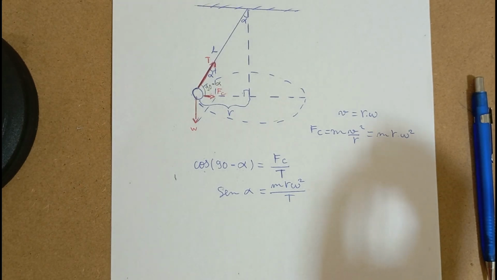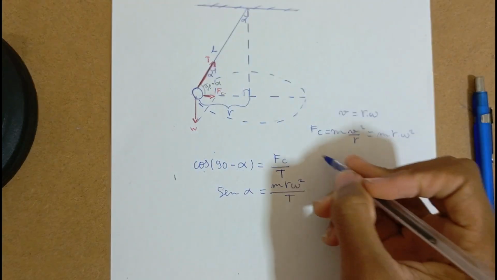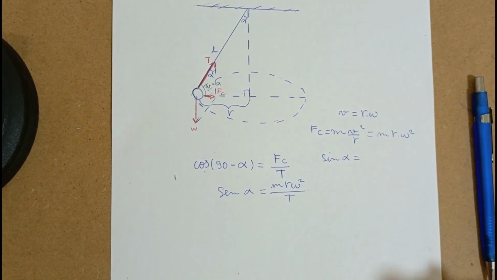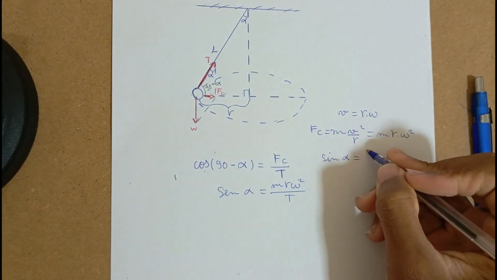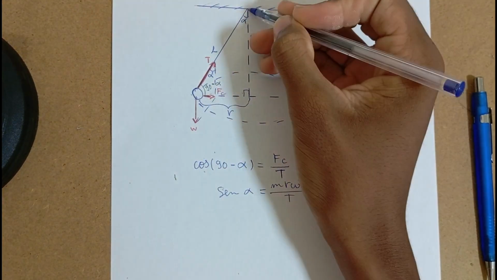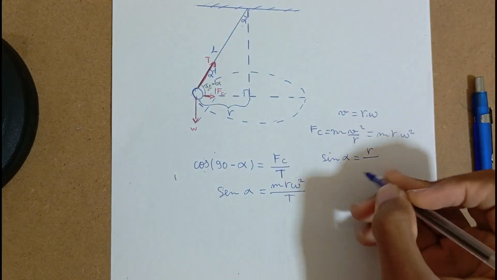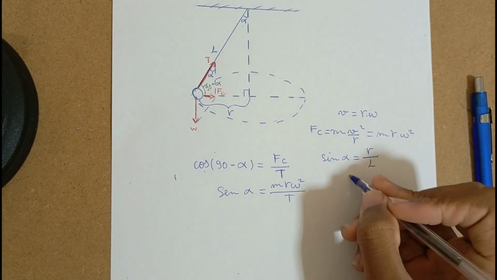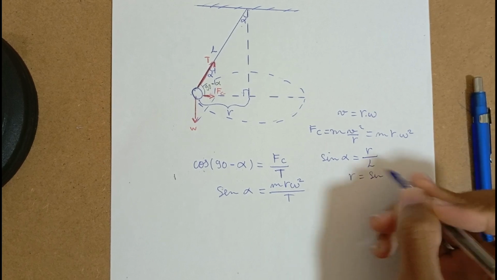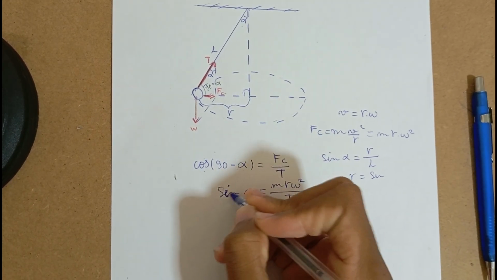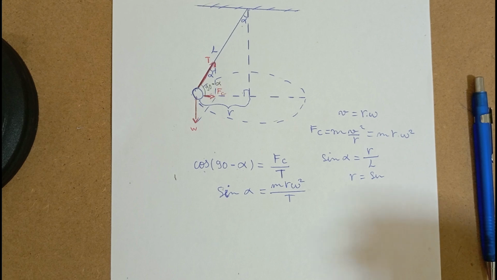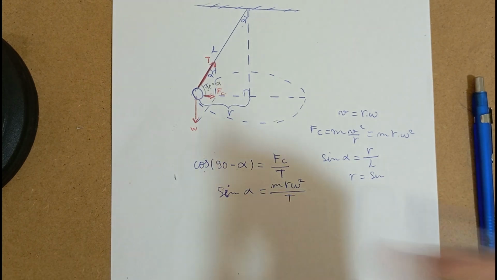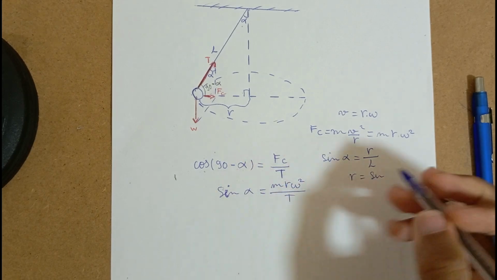For the radius, I can say first sine of alpha is equal to what? This radius over this length here, which is L. So I can say the radius is equal to, oh my God, sine. Because I speak Portuguese, Portuguese is my native language, so sometimes I tend to say it like that in Portuguese.